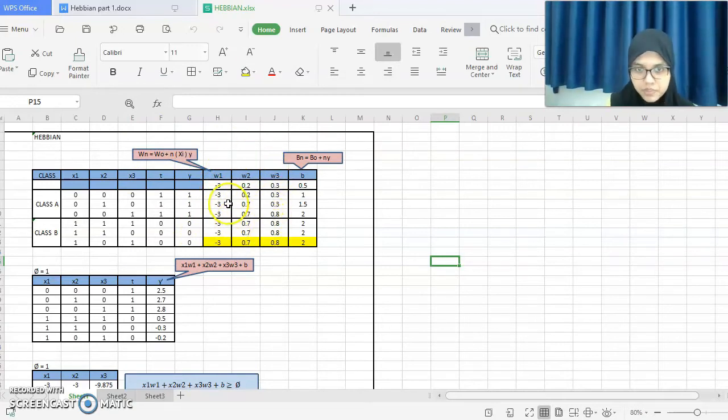As for B, to get the new value of B, we will use the formula B new is equal to B old plus N multiplied by Y. After we have used these formulas, we get the end result, which is -3 for W1, W2 is 0.7, W3 is 0.8, and B is 2. After we have obtained this, we will use these values again.